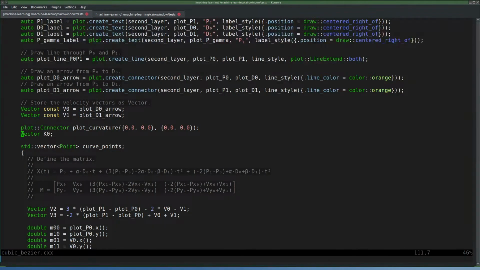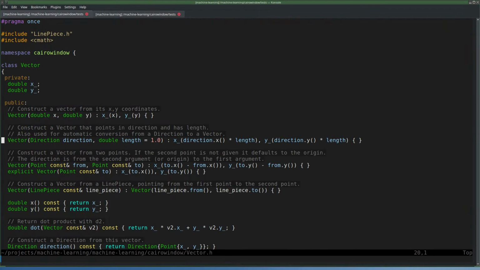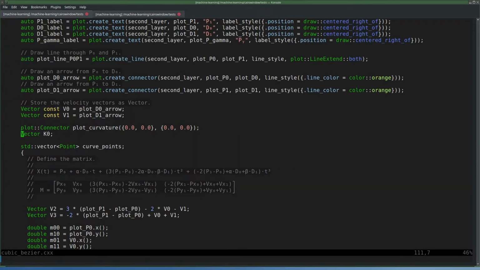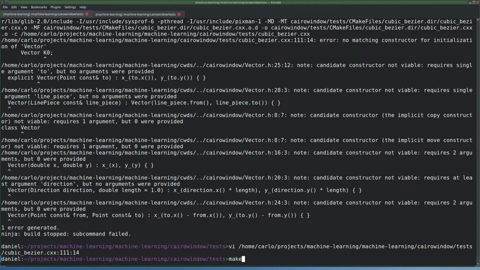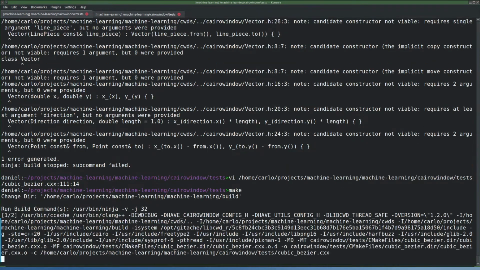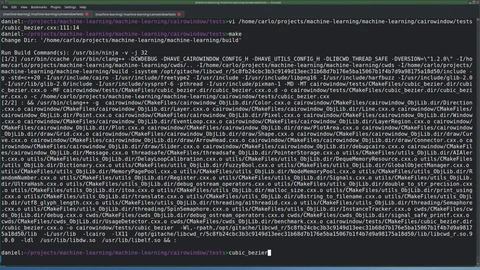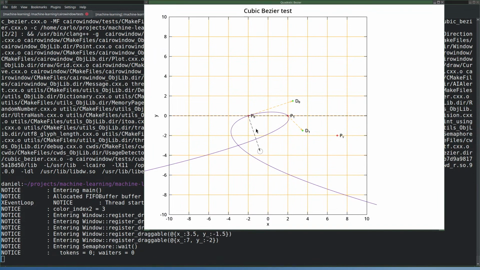Cannot default construct vector. No, it draws it at the end of k.